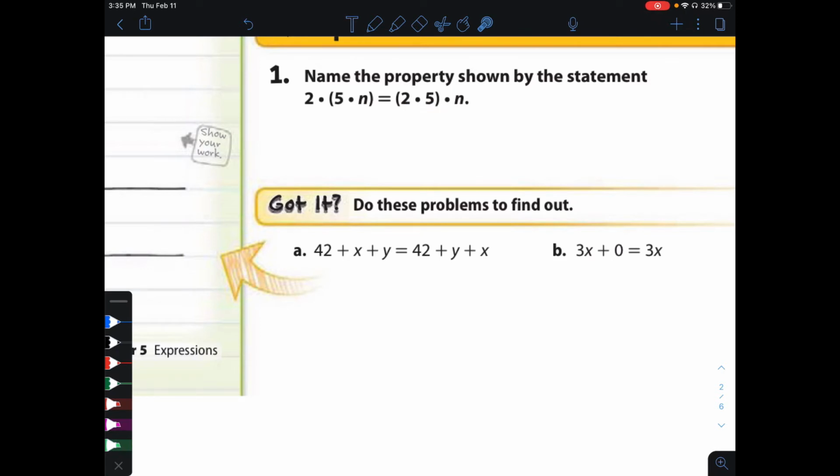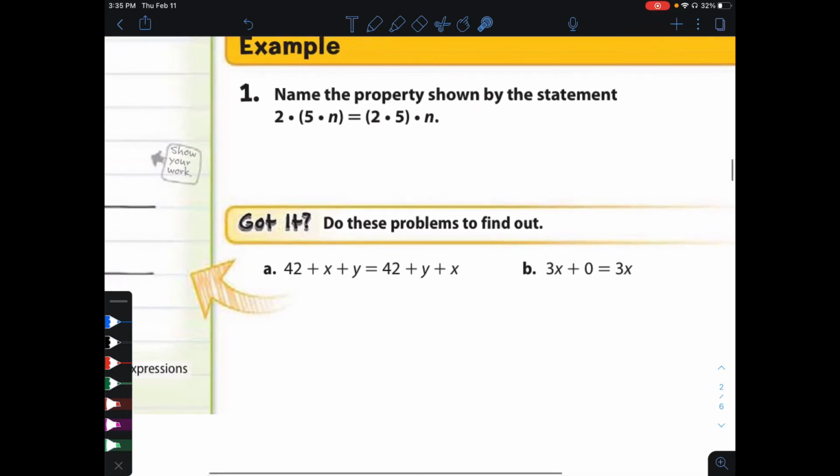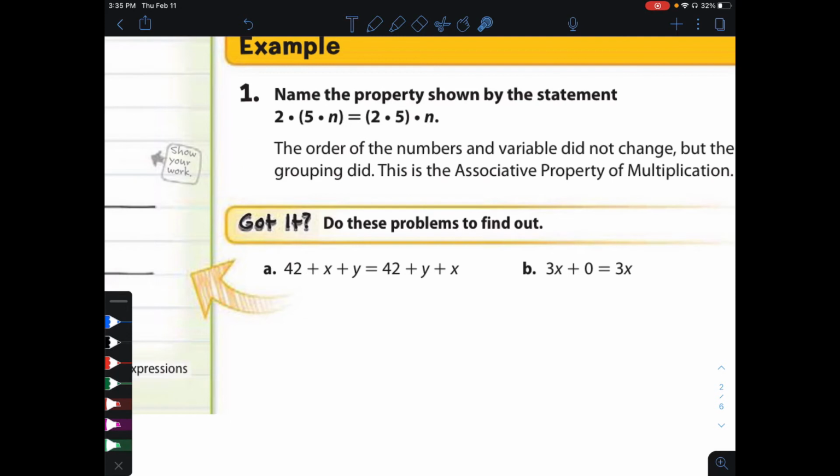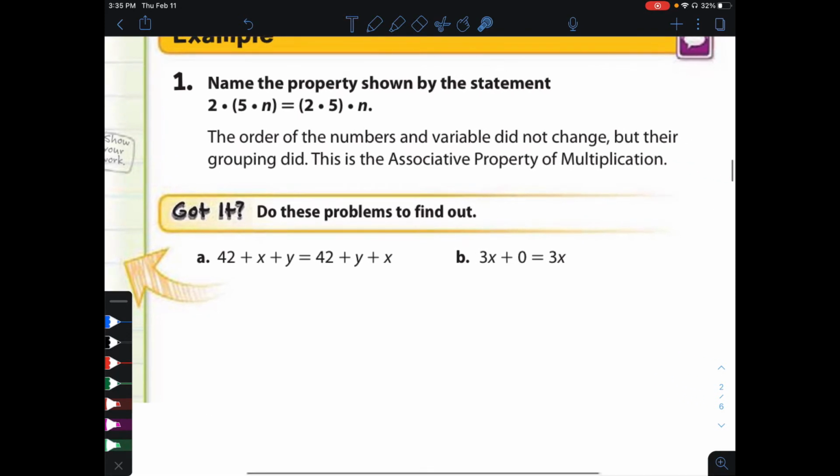Okay? So, when you see those parentheses, you will right away relate it to the associative property, because the order is not changing and you have grouping symbols that change. So the order of the numbers and the variable did not change, but their grouping did.